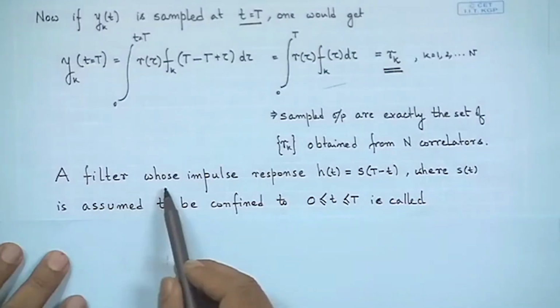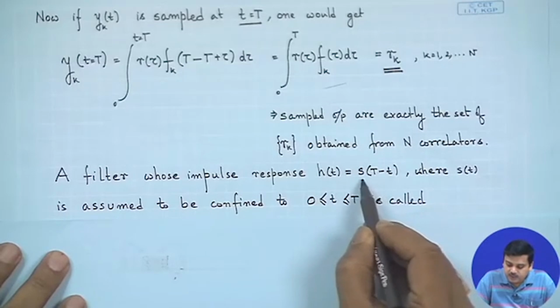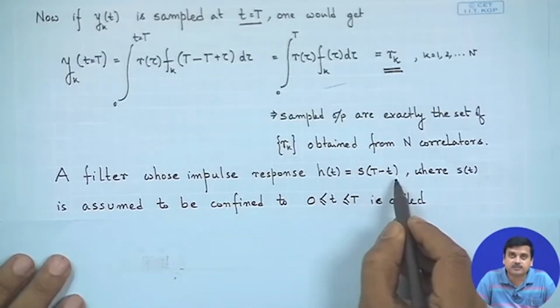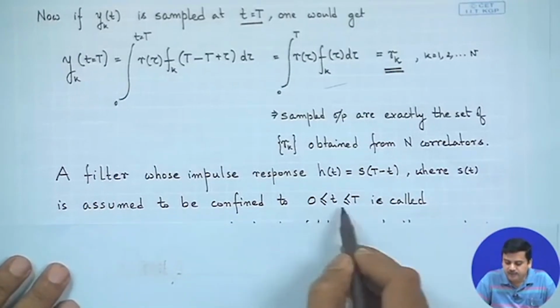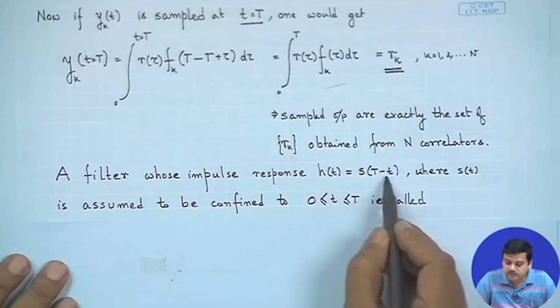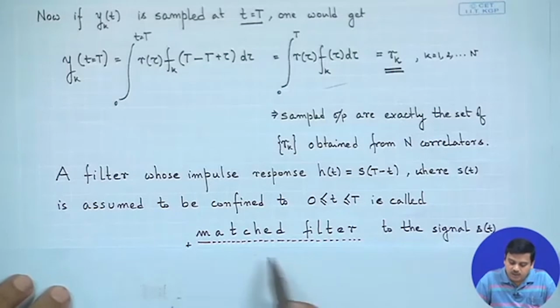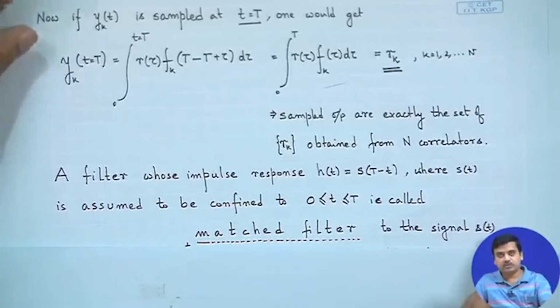So, now we describe that a filter whose impulse response h of t is equal to s of T minus t, which is the flipped version of the signal itself, where s of t is assumed to be confined within this interval, so you are flipping within that interval around T, is called a matched filter to the signal s of t. So, this is by definition what is called a matched filter.